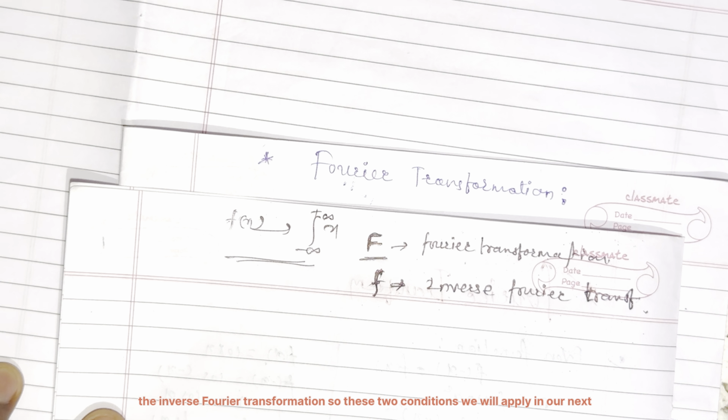We are not going to learn only the Fourier transformation, we are going to learn the inverse Fourier transformation also. So these two conditions we will apply in our next examples.